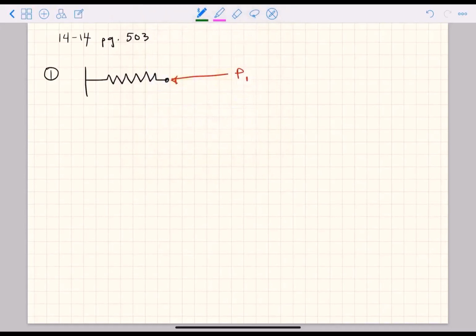We also know that it has an initial compression from its free state of 50 millimeters. We also have state number 2. It says that the spring is further compressed. So it's compressed even further now.